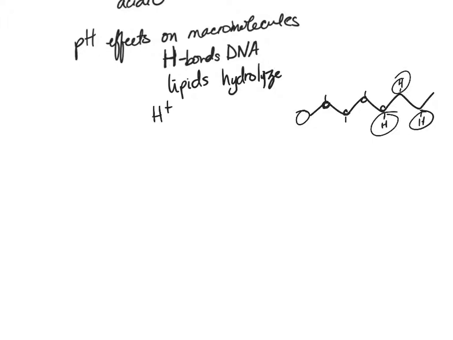Another way that things are affected is that hydrogen gradients are disrupted. Hydrogen gradients are important, of course, at the end of the ETS, the electron transport system, where we have that proton motive force.